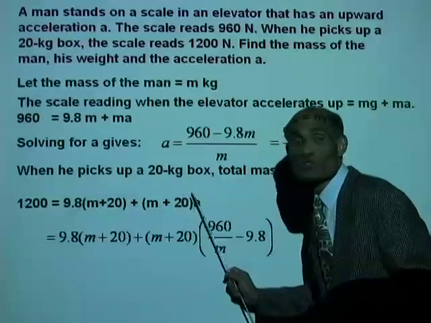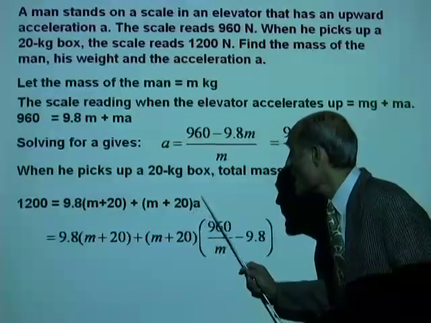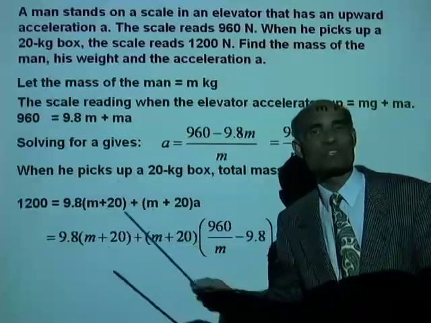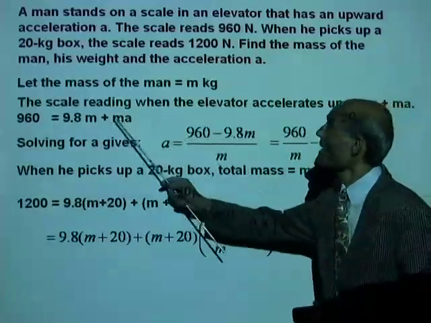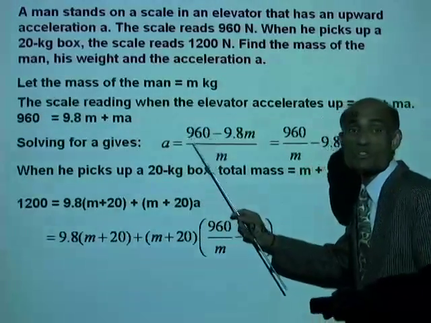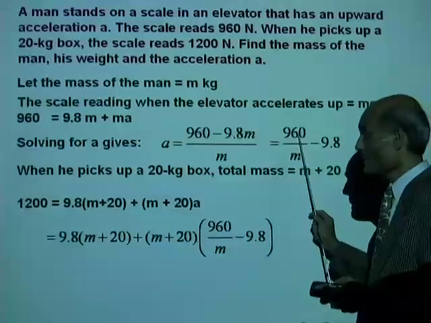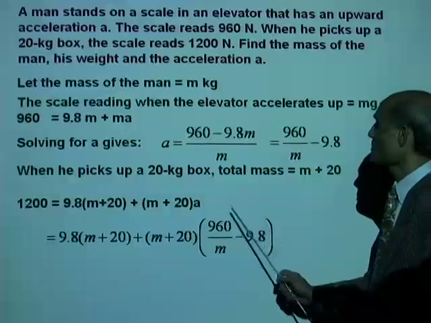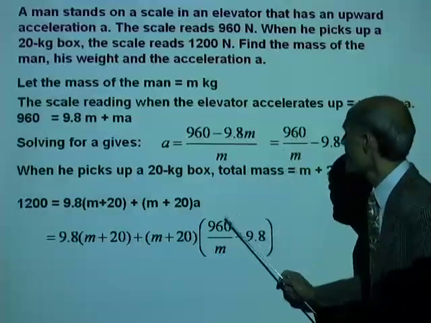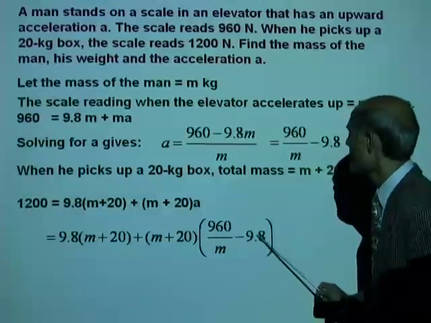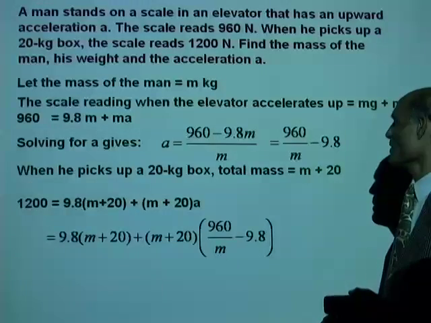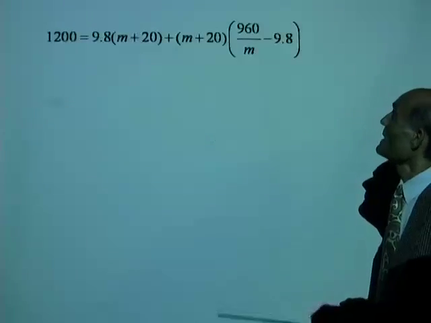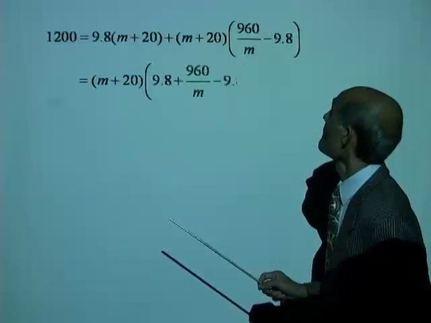And what I'm going to do is replace this a. I'm using a substitution method here. I have used the first equation to solve for a, and I'm going to substitute this a by that value. So a is 960 over m minus 9.8. Now, this is our equation.